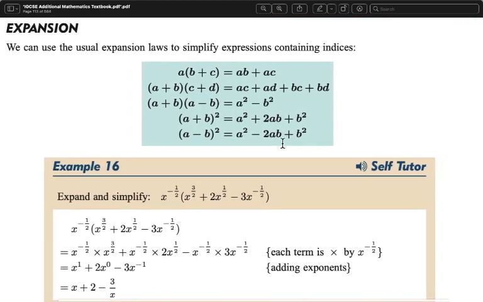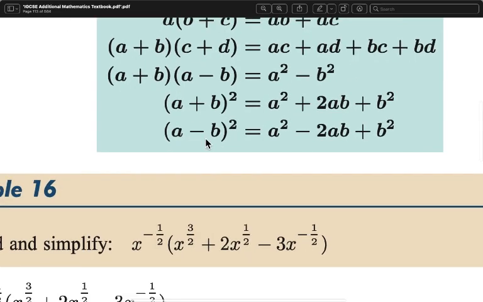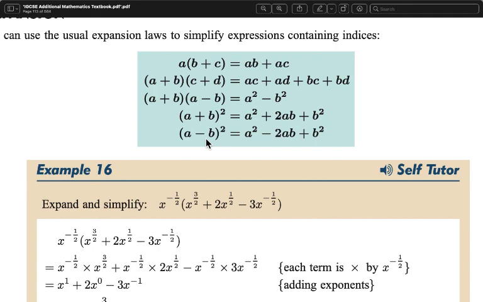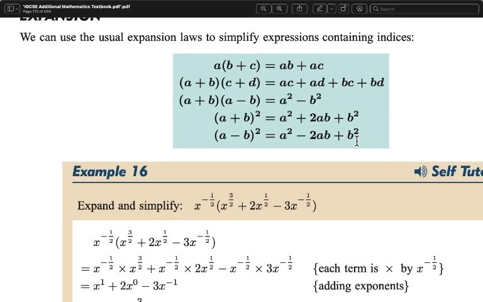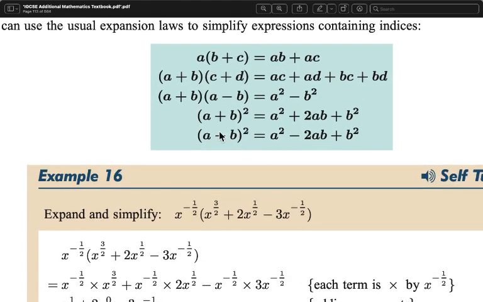Same with negative: a will be squared, b will be squared, as the power is an even number, so the negative sign will turn to a positive sign. So it's a squared plus b squared. However, when multiplying the terms together, there is only a power of 1, so it's a squared plus b squared minus 2ab.